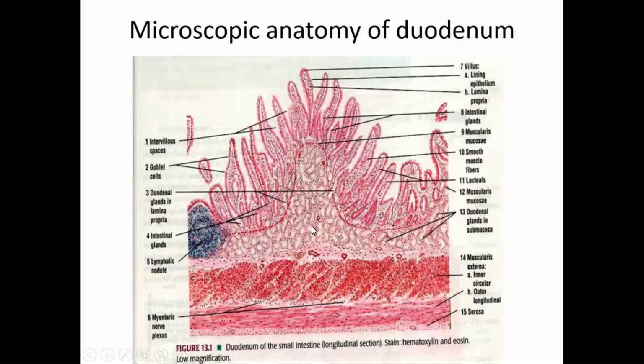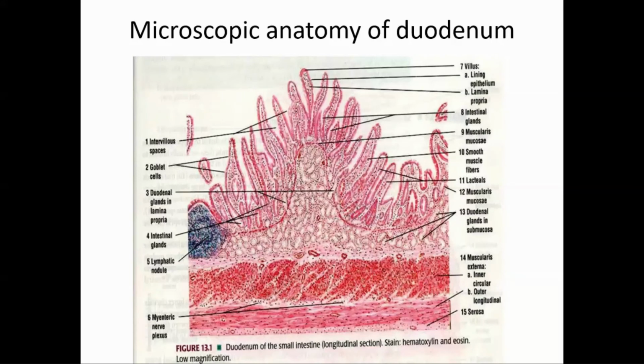Another important feature of the duodenum is that in the submucosa there is a presence of the duodenal glands or the Brunner's glands. This is the identifying feature for the duodenum. The function of the Brunner's glands is to secrete bicarbonate ion, and the function of the bicarbonate is to neutralize the acid produced by the stomach, which comes downwards.